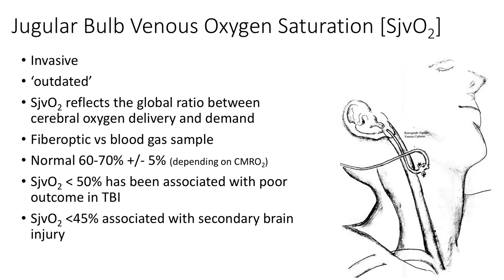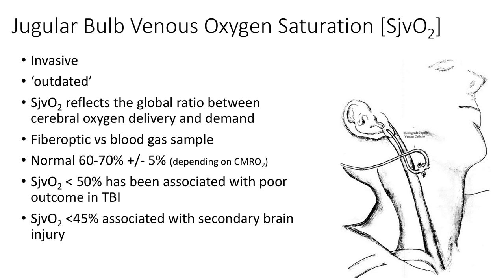The jugular bulb venous oxygenation catheter monitors the saturation of the blood leaving the brain. If I know the saturation going in, and monitor that, I can extract the oxygen extraction ratio between incoming and outgoing, so I know how much the brain has consumed.